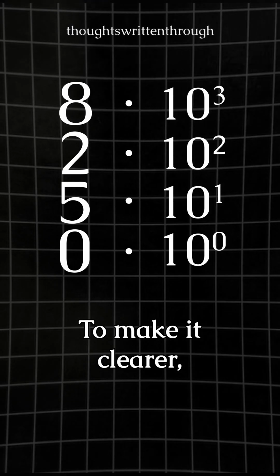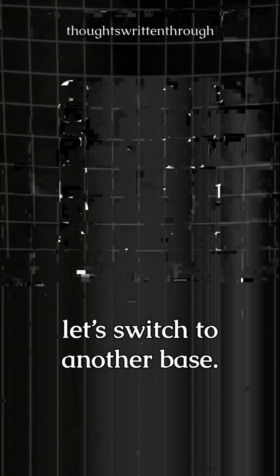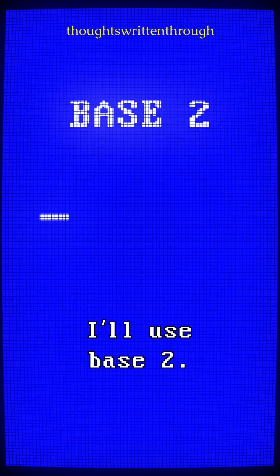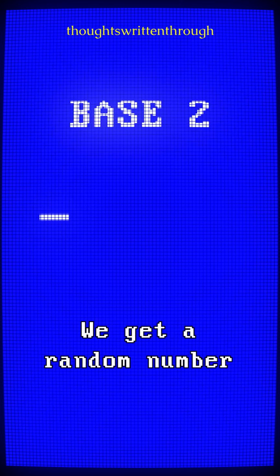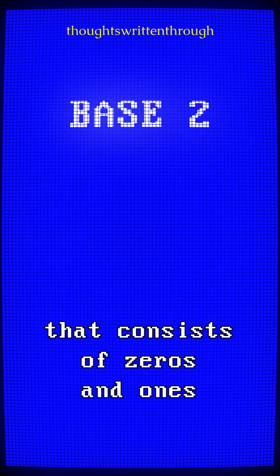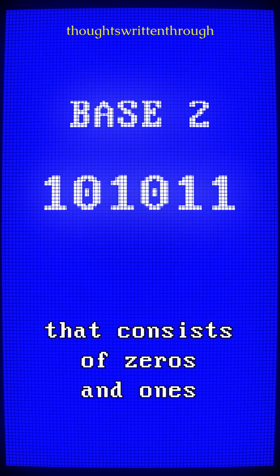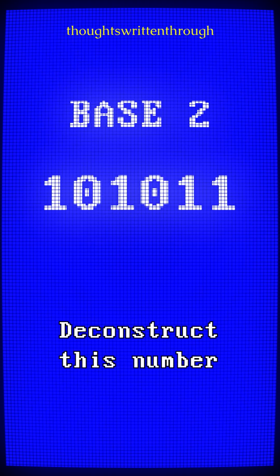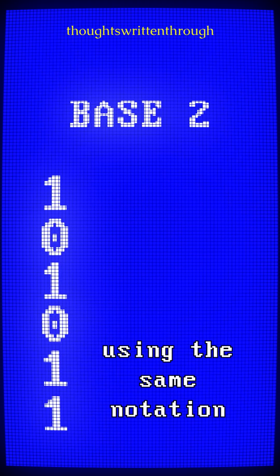To make it clearer, let's switch to another base. I'll use base 2. We'll get a random number that consists of zeros and ones. Deconstruct this number using the same notation.